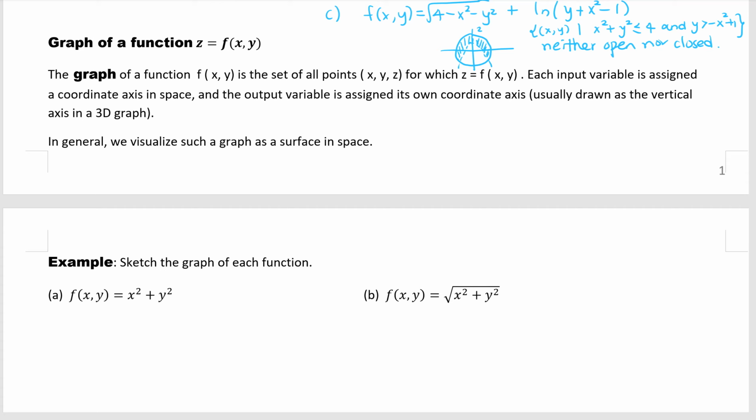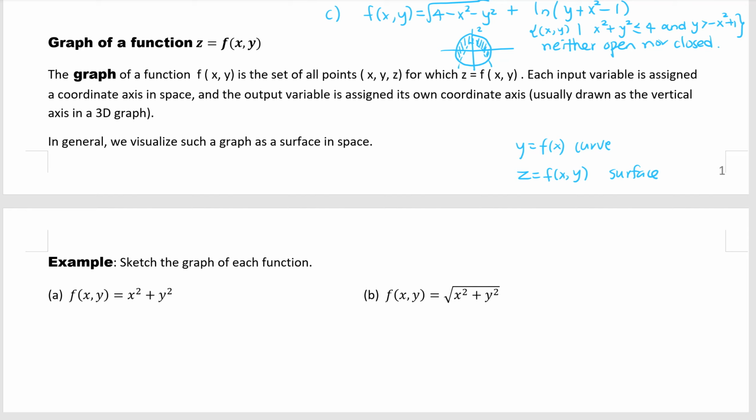The output variable is assigned its own coordinate axis. Usually we draw the z axis as the output variable, the vertical axis in space. So in general, we visualize such a graph as a surface in space. We know y equals f of x is a curve, then z equals f of x, y is a surface.